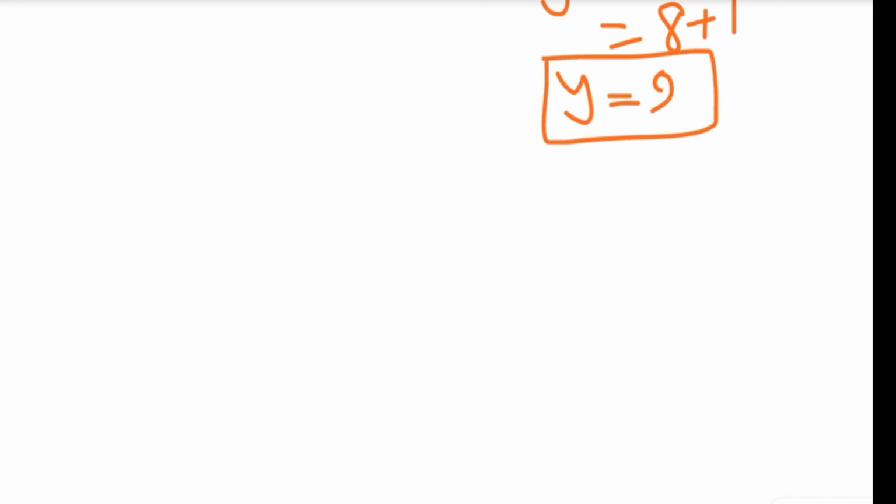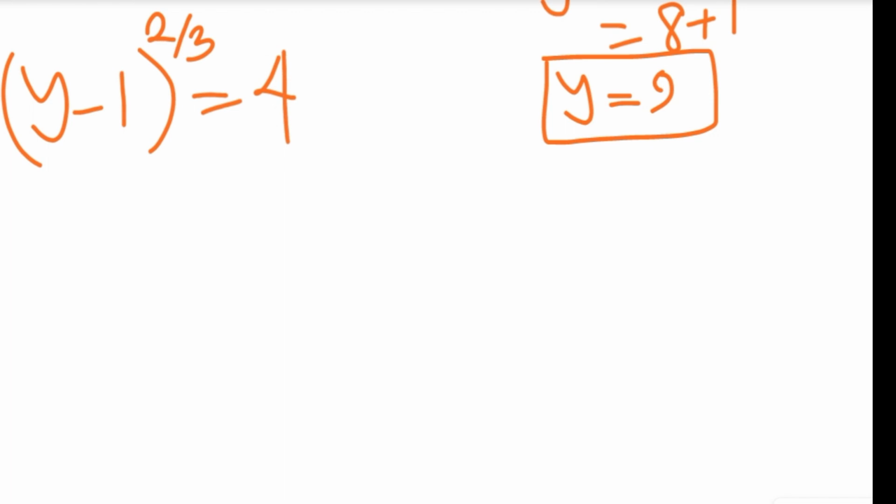If we are given that same expression, (y - 1) to the power of 2/3 equal to 4, we can solve this in such a way that we'll also have two results. Let's take this to be y - 1.